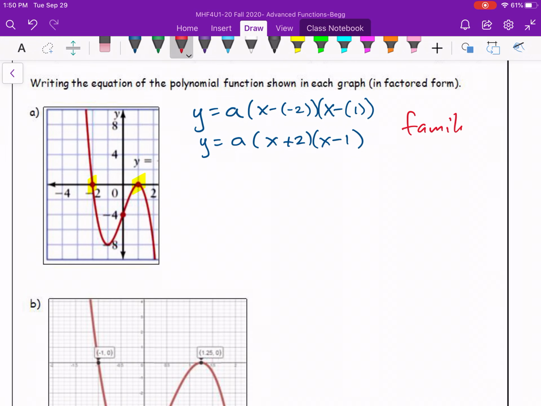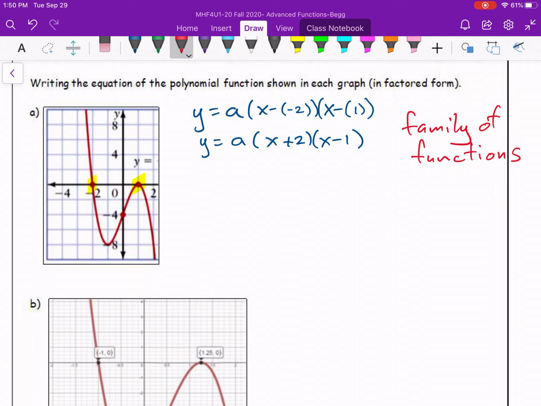The reason why is because it's a whole bunch of functions with similar characteristics, but there are differences between them, just like in a real family. A real family has people who have similarities, but they're not identical, they've got differences.